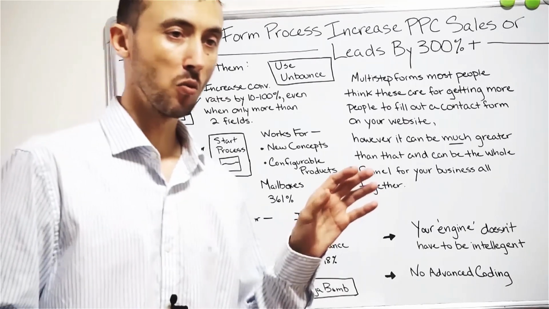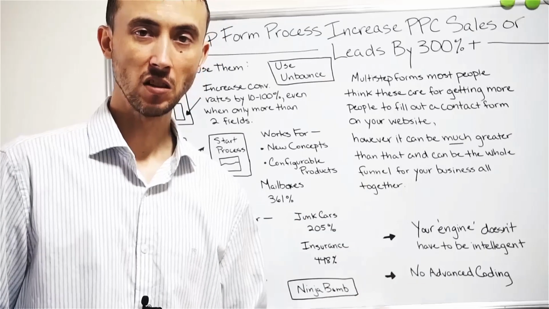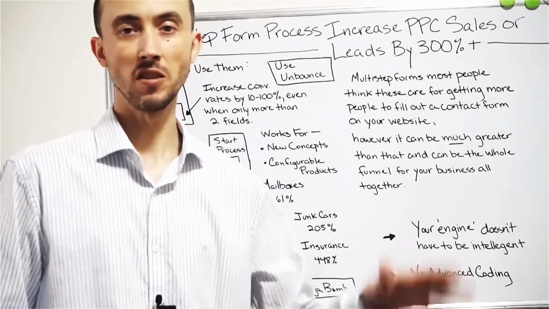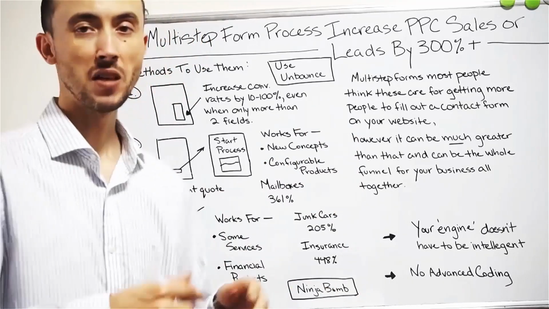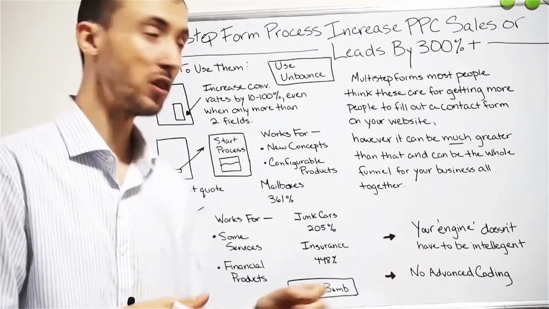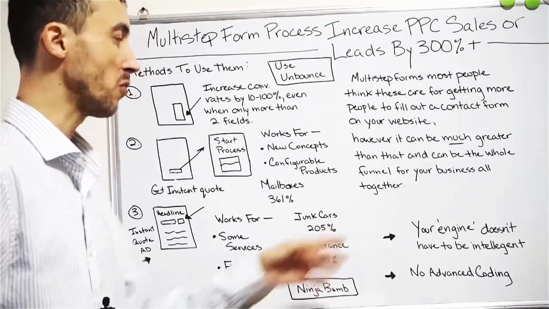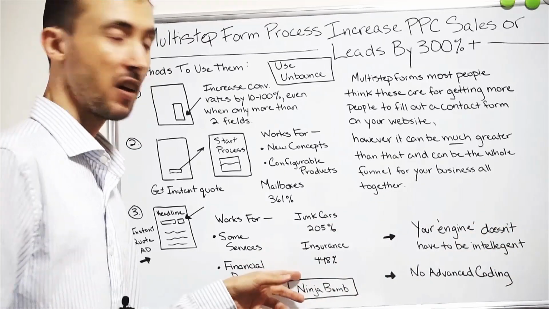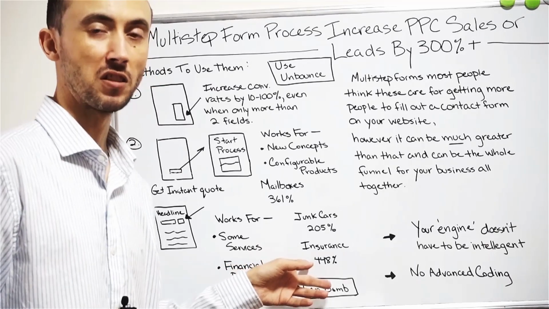You want to say it in the ad there. It says, we are having an agent call you right now to give you the price. They will call you in 15 seconds or 30 seconds or whatever. And then you have that Ninja Bomb setup where you literally can do that. So you don't have to have an engine that can intelligently spit out the price. You don't need complicated coding. You just have to have an agent do it. Eventually, if you want to save money, you can have an engine do it once this thing is up and going.